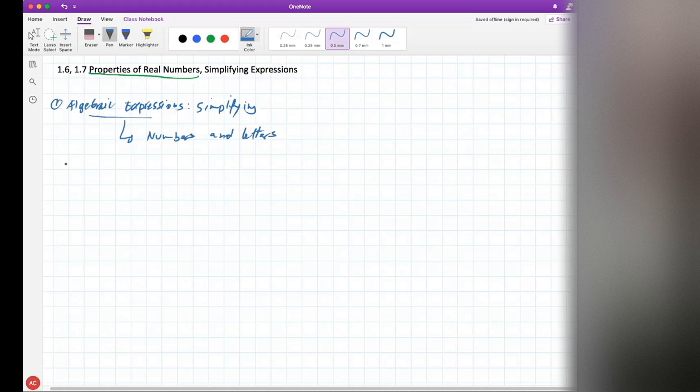We learned the evaluation last time and checking equations. Let's see how to simplify them. So whenever we have, for example, let's say 5x minus 2y plus 3x, maybe minus 8y. This is an expression that's made of terms.